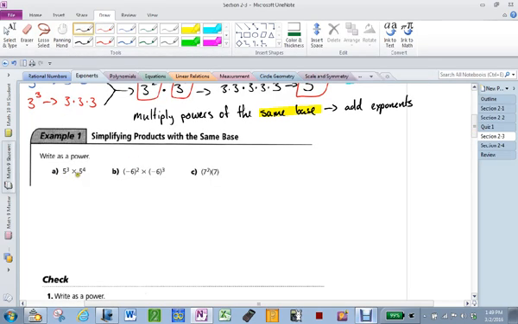What is this really? 5 5 5 times 5 5 5 5. How many 5s? So it's 5 to the 7th. Okay, yeah. What is this? Negative 6 times. So what is it really?